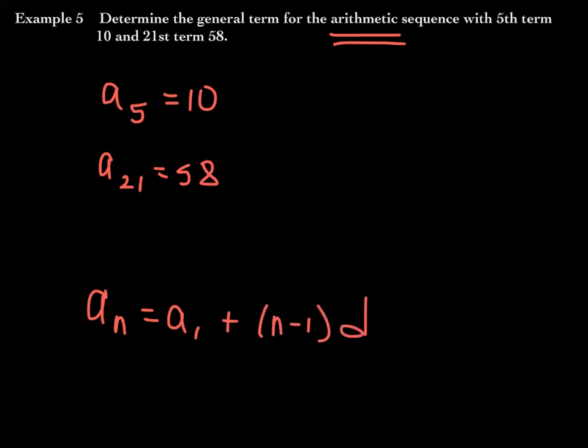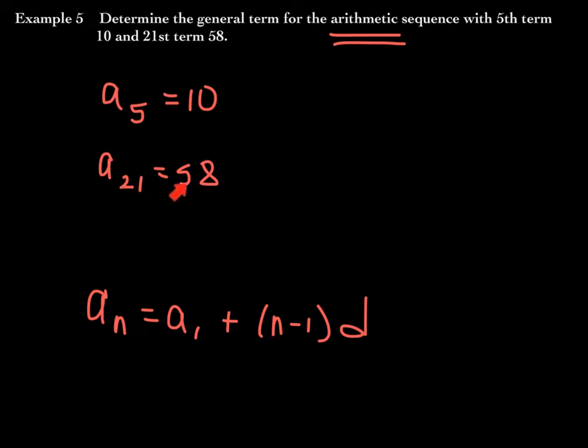This is the general term for any arithmetic sequence. Taking the first piece of information, 5 is your n value, so we can plug 5 in for n in the general term.